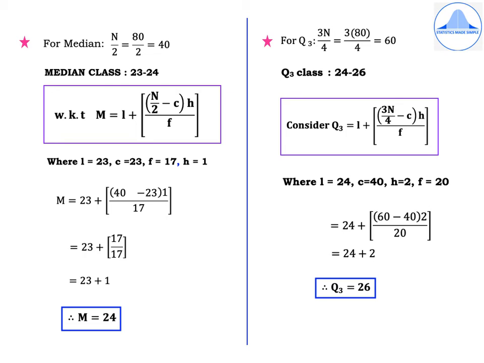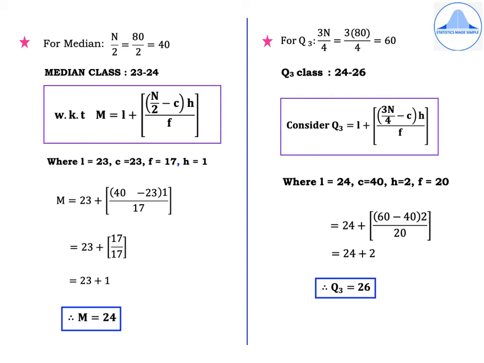Next, we'll find out the median. So for the median, find out capital N by 2, which is 80 by 2 equal to 40. Now in the CF column, the value which is greater than or equal to 40 should be found. And we see that in the CF column, we have the value 40 itself. So corresponding to it, write equal to N by 2 and then find out the corresponding class interval, which is the median class.